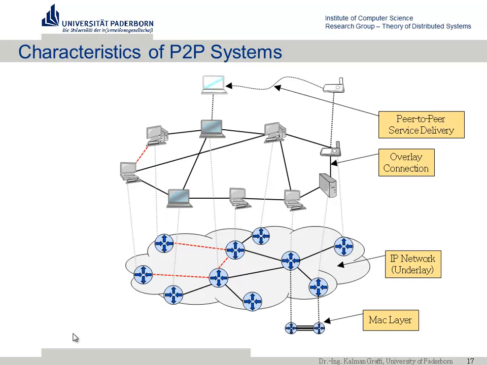For example, if they send a message, on the left side with red, and they use the logical link between each other, then it's also using the underlying IP network. And once they find what they were looking for, then you have the peer-to-peer service delivery where you directly transfer the files. So just to give you the impression.